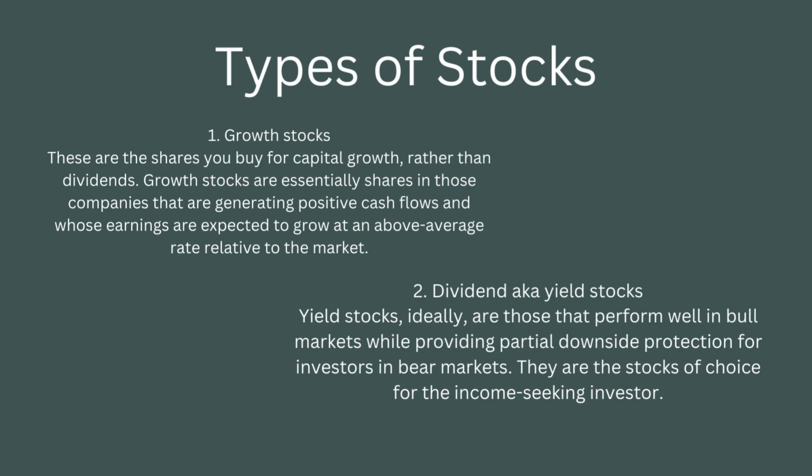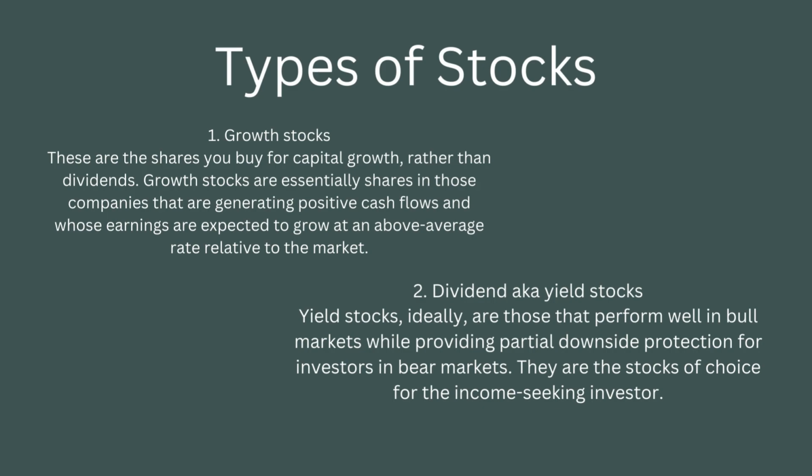Yield stocks ideally are those that perform well in bull markets while providing partial downside protection for investors in bear markets. They are the stocks of choice for income seeking investors. So if you want to start buying your first stocks, I'd refer you to them.